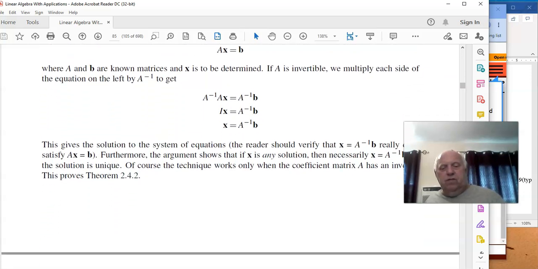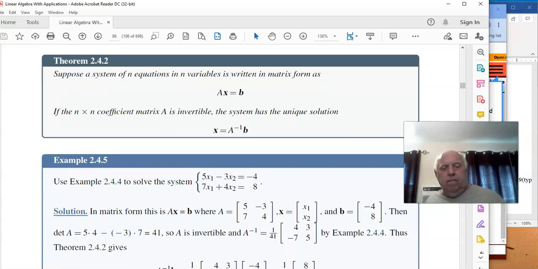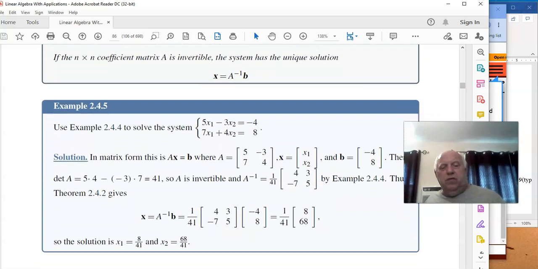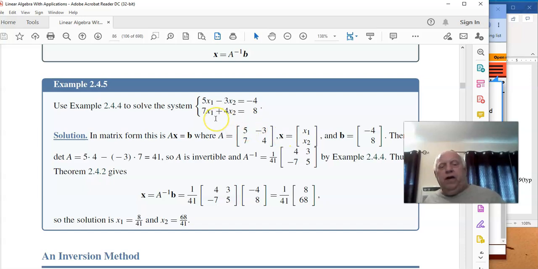Inverses in linear systems, nice theory. Now, here's actually something important. We did this before, but we didn't call it inverse. If I have a system of equations where the left side is 2 equations and 2 unknowns, or 3 equations and 3 unknowns, in other words a square system, and the right side is a vector, then I can find the solution by letting A be the coefficient matrix.